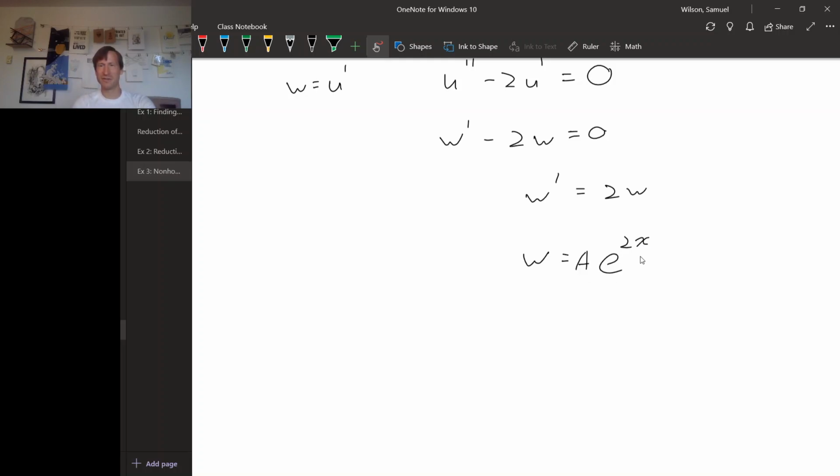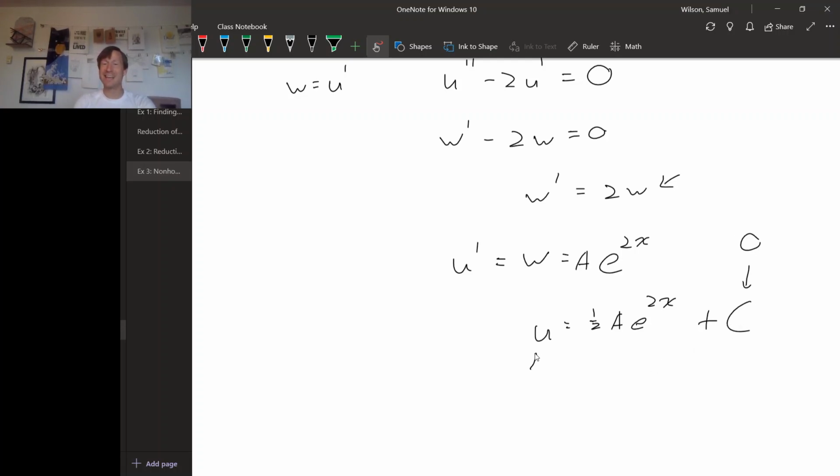Right? If you take the derivative of this, you get twice what you started with, which is what this differential equation says. But w is really u prime, so I need to integrate one more time. So u is 1/2 a e to the 2x plus a constant. But as usual, this final constant here is just going to tell us that y1 is a solution, which we already know. So let's just pick 0 for that.